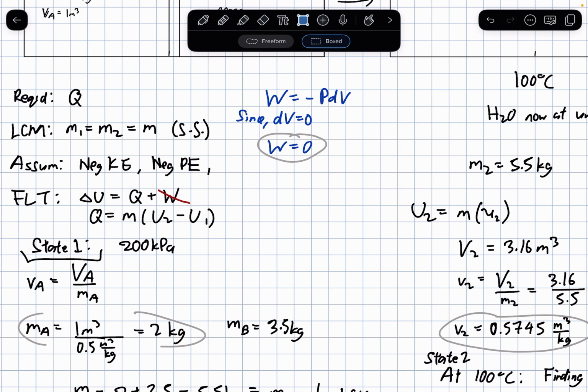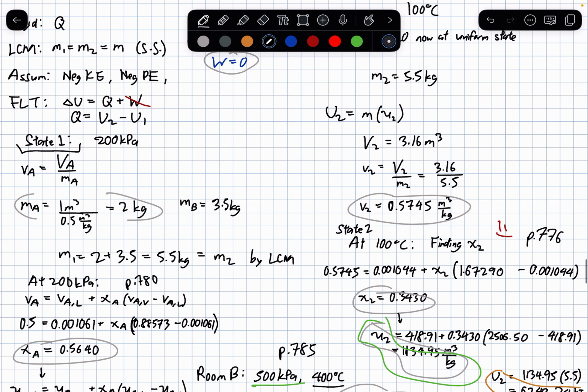It's possible, but in this case, it isn't. So u sub 2 minus u sub 1. We already multiplied it by the mass. So the principle that we have been following since the previous video is still correct.